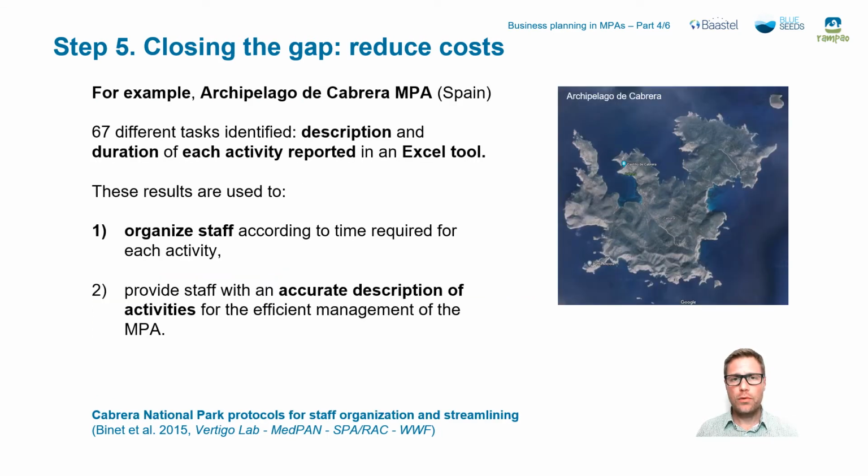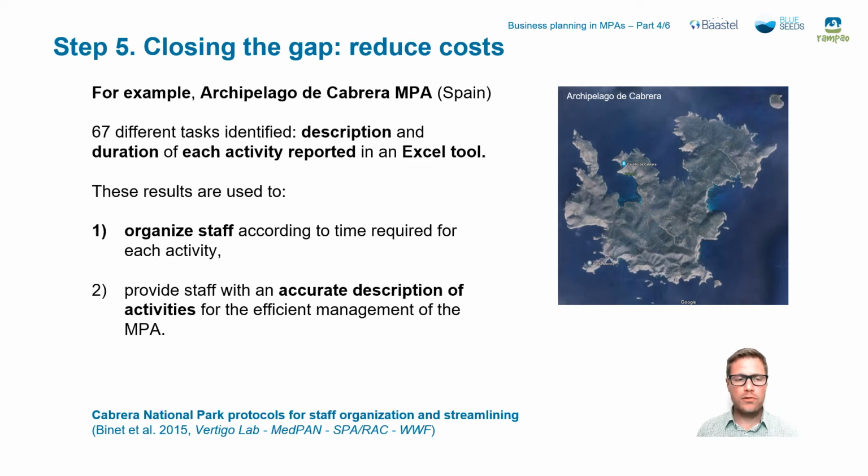Optimizing human resources is never an easy task, and nobody's talking about letting people go here. However, it is important to try to rationalize the activities of staff. And an example in this respect is the management decisions taken in the Archipelago de Cabrera MPA in Spain, where management identified 67 different tasks and reported the description and duration of each one of those activities into an Excel tool.